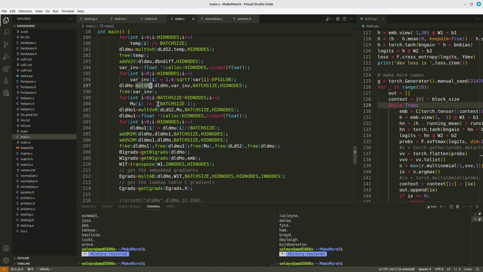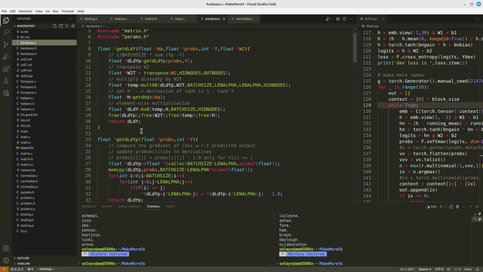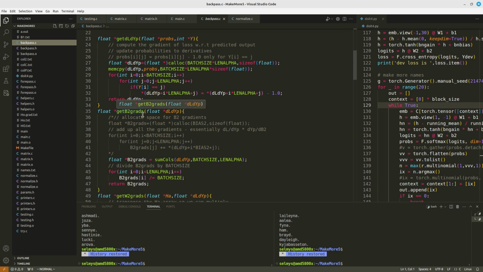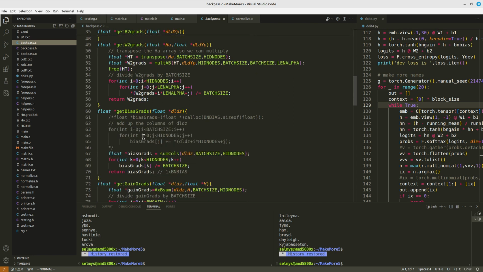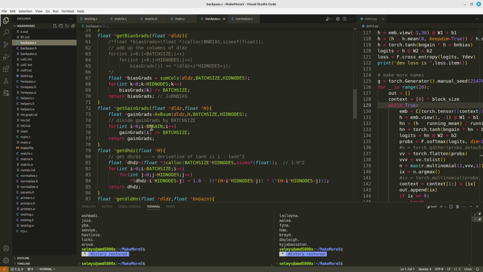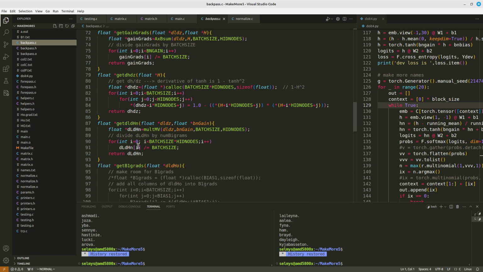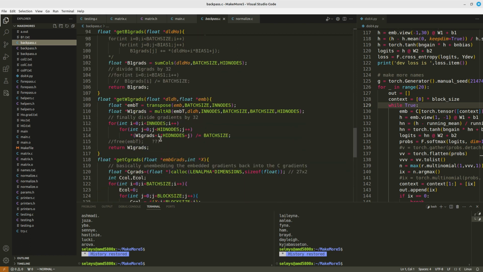So all of this backward propagation, I have it all in backpass.c. That's all in here, and you can see all the functions I've written here: DL, dy, predicted, get B2 grads, get W2 gradients, get the bias gradients, get the gain gradients, get DH/DZ, get DL/DHN, get the B1 gradients, get the W1 gradients, get the C gradients.